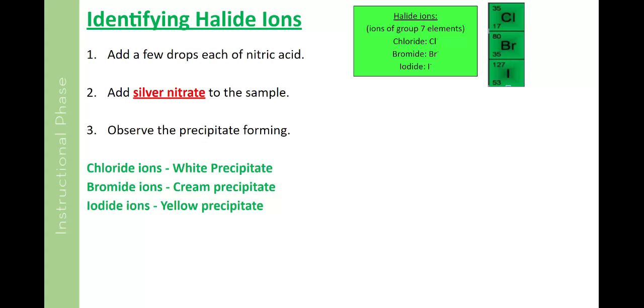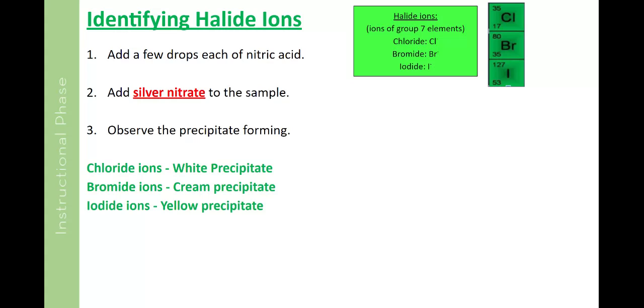In order to test for halide ions, firstly you add a few drops of nitric acid. All that step is just to get rid of any carbonate ions, so it doesn't impact on our results. We don't want our results to be false and inaccurate.